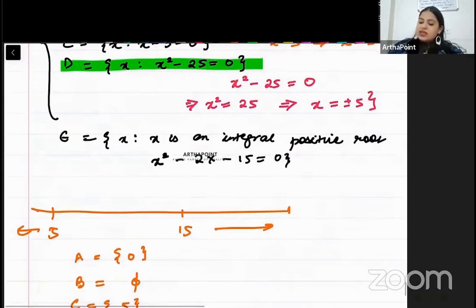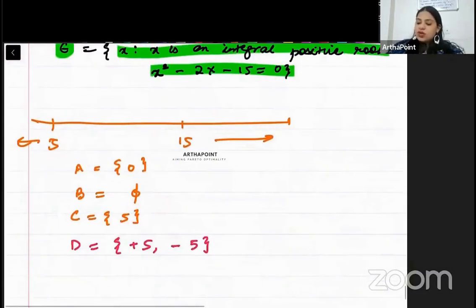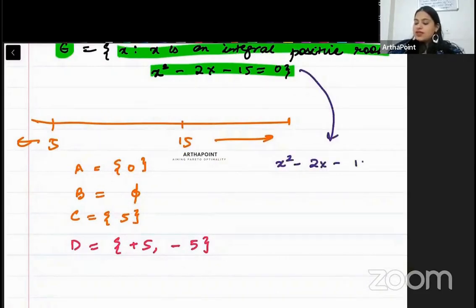And lastly, it says E is such that X is an integral positive root of this. So beta, your equation given to you is X square minus 2X minus 15 is 0. 15 is 5 into 3. So X square minus 5X plus 3X minus 15 is 0.